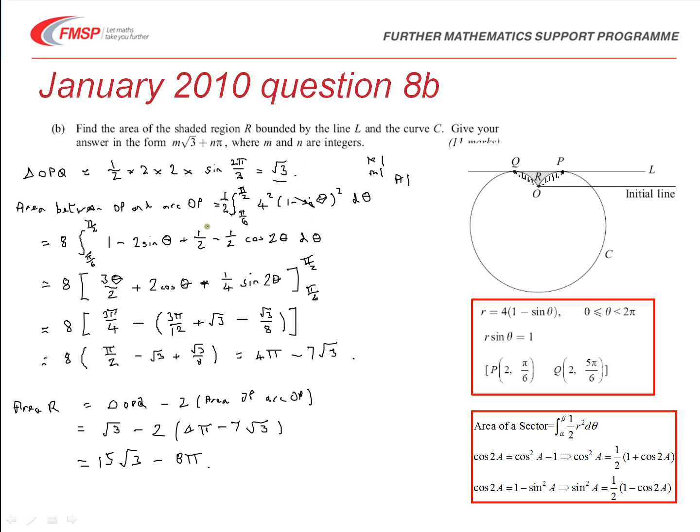And then for finding the area of one of these shaded parts, a method mark again at the beginning for using the appropriate formula, a half r squared d theta.